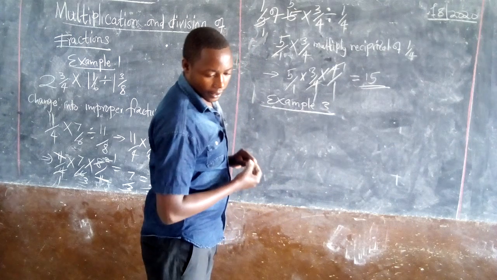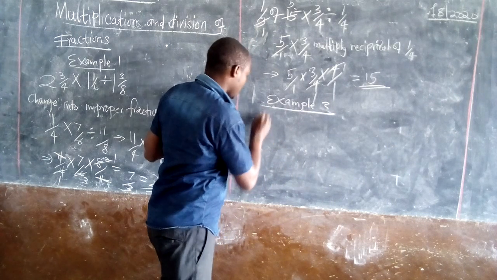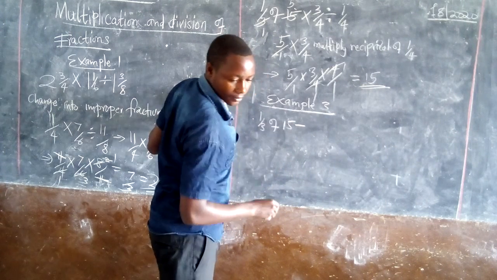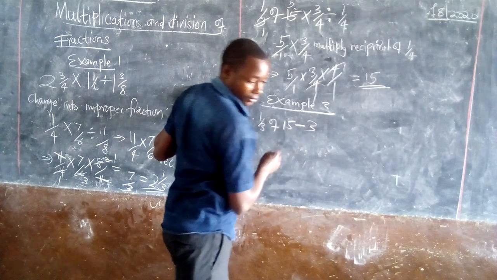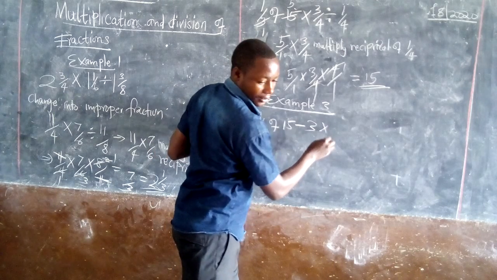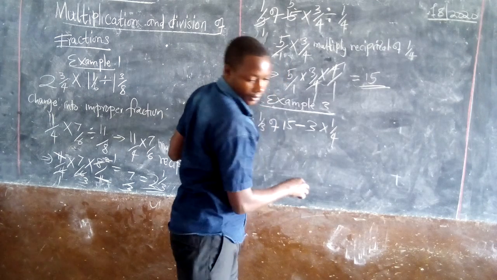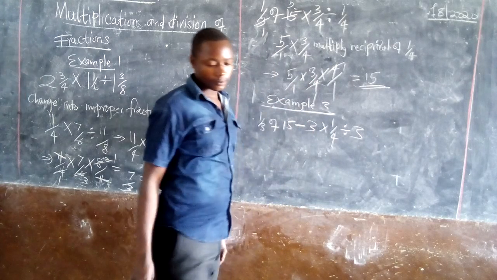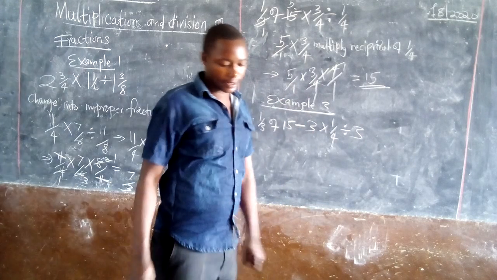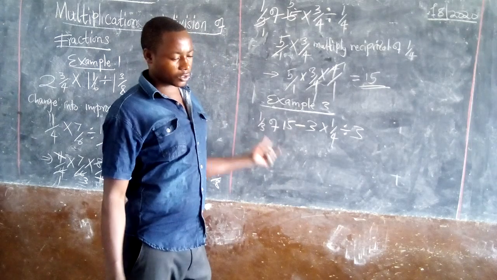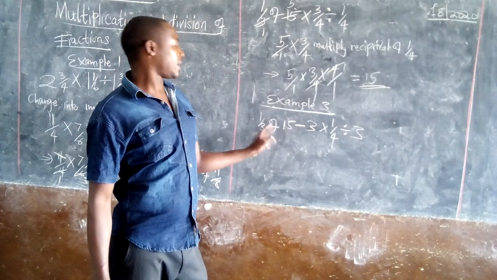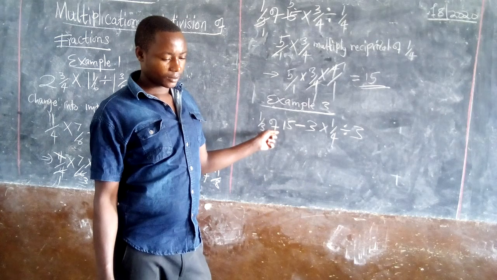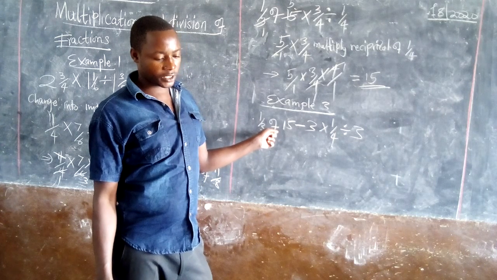You are given a third of 15 minus 3 times a quarter divided by 3. You are told to work out that. "Of" means the same as multiplication.